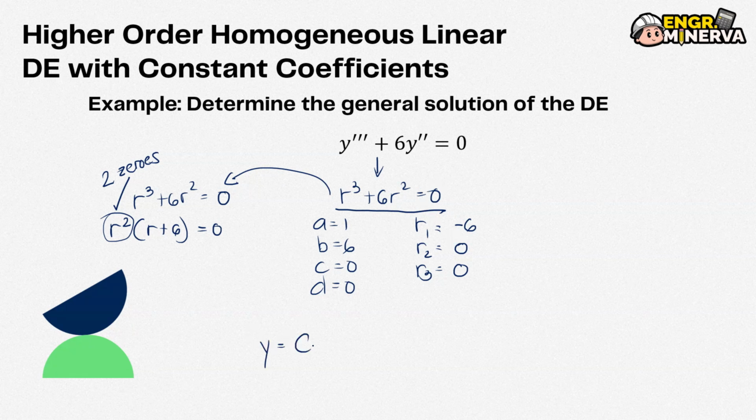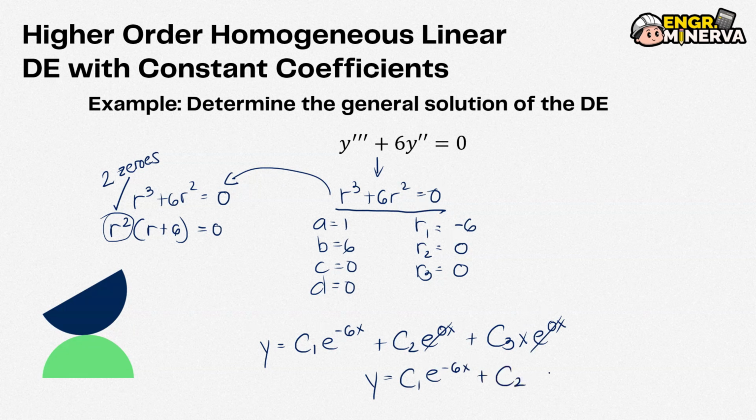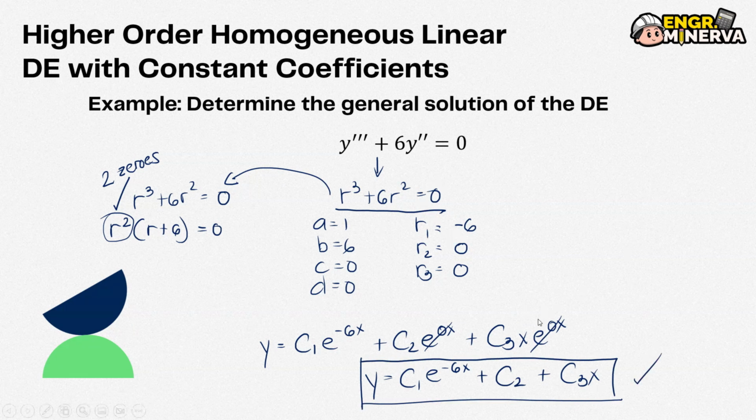So y is equal to c1, e raised to negative 6x plus c2, e raised to 0x plus c3, again, repeats, x, e raised to 0x. But this is 1. So y equals c1, e raised to negative 6x plus c2 plus c3x. That is our final answer.